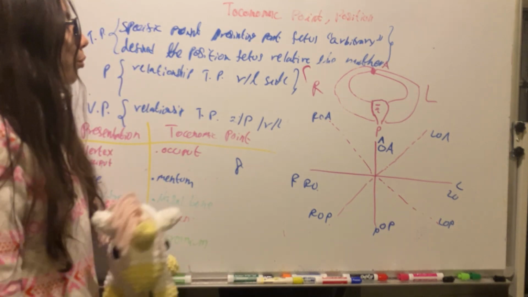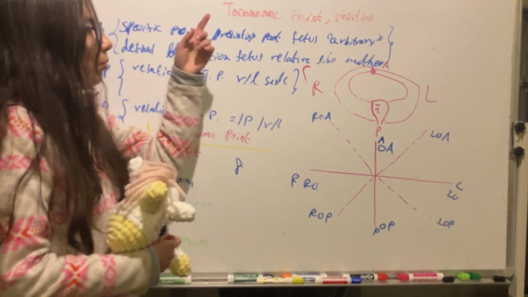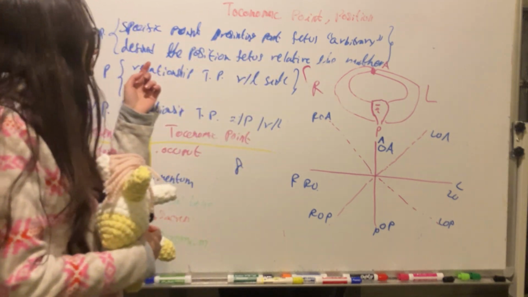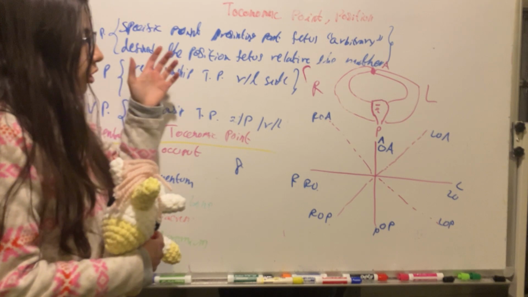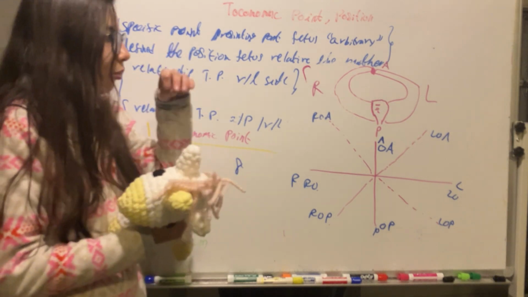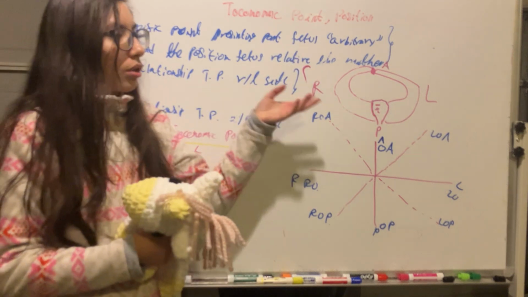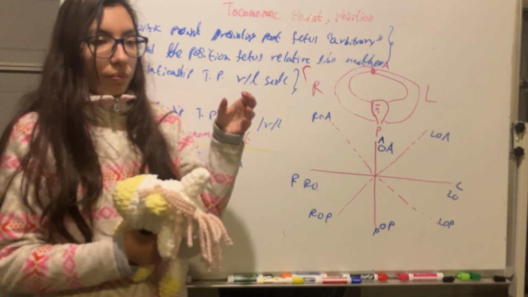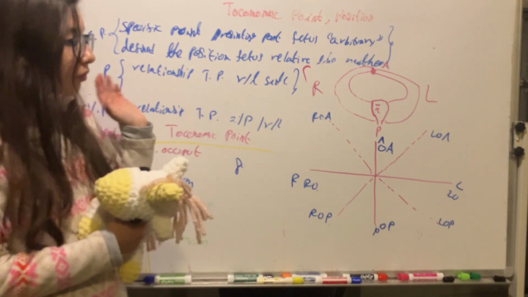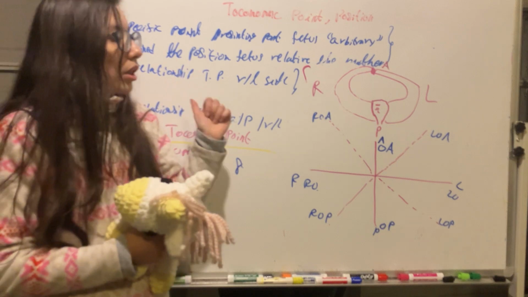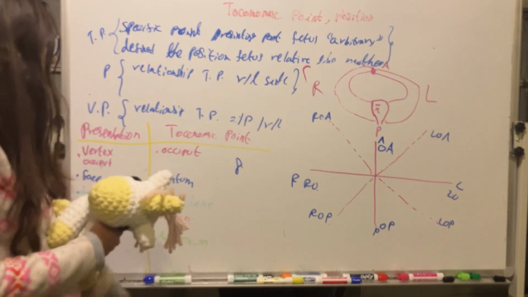So the tokonomic point is an arbitrary specific point of the presenting part of the fetus that is going to define the position of the fetus or of that point relative to the mother. The position is the relation right to left of the mother with that point, and variety of position is the relationship of the tokonomic point to the right, left, anterior, posterior of the mother.